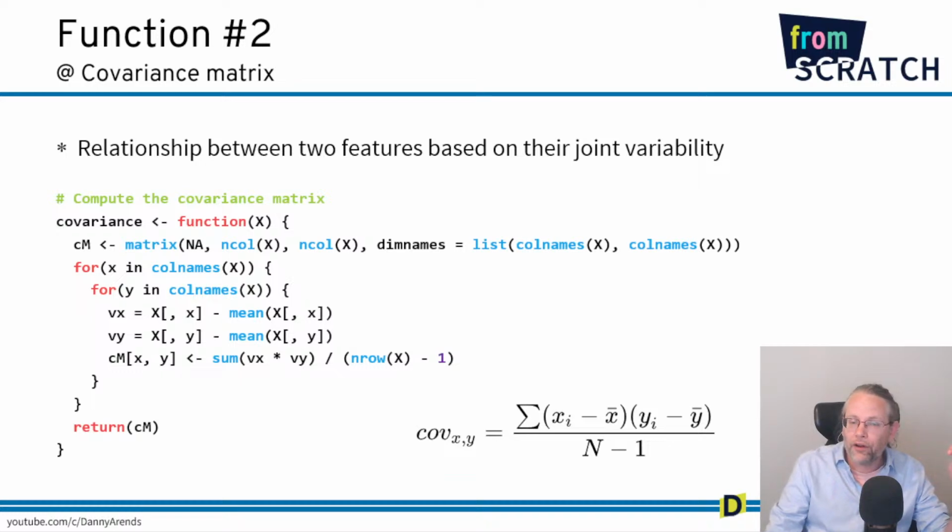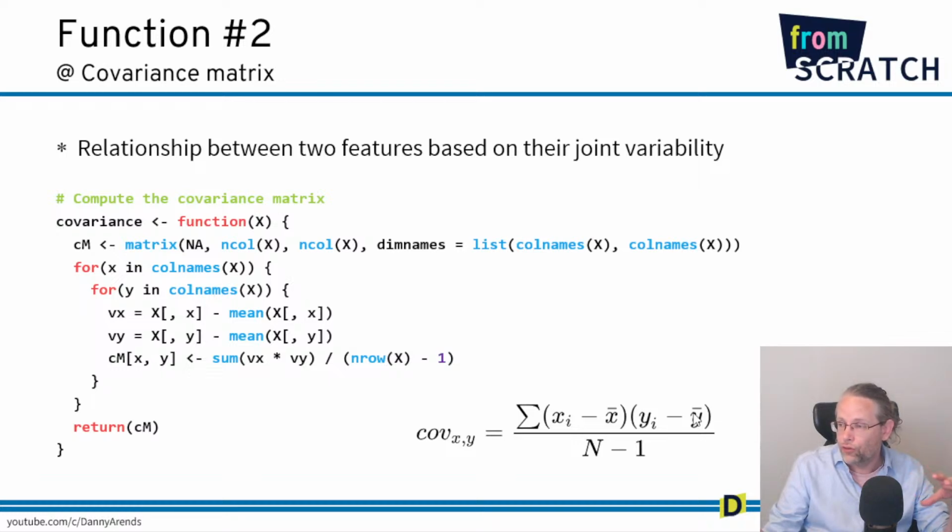So covariance works in this way by just saying, well, okay, so we have the mean of the column. The mean of the column in our case is always going to be 0 because we autoscaled it. So the mean of X is going to be 0. The mean of Y is going to be 0. So what are we going to do? Well, we're going to take the values of X, then subtract the mean of X, and then multiply this by Y minus the mean of Y, right?